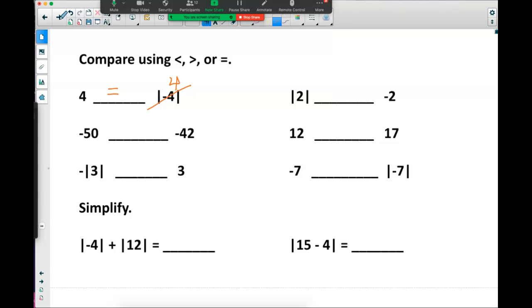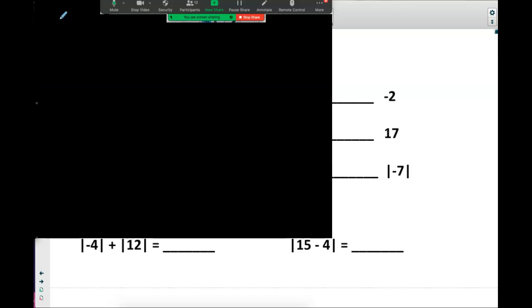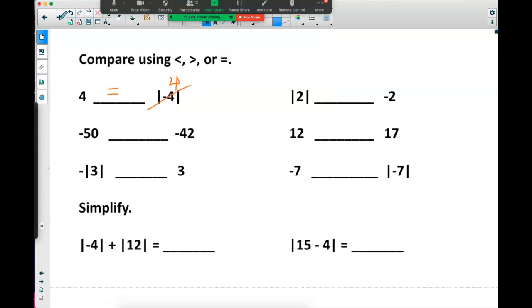How about the absolute value of 2 and negative 2? What's the absolute value of 2? 2. So how do those compare? It's greater than. 2 is greater than negative 2. Okay, positive is always bigger.